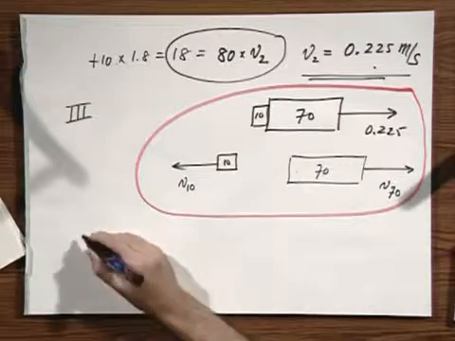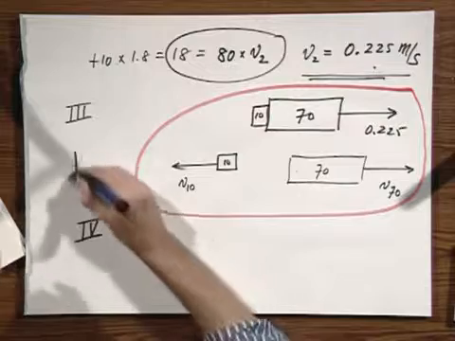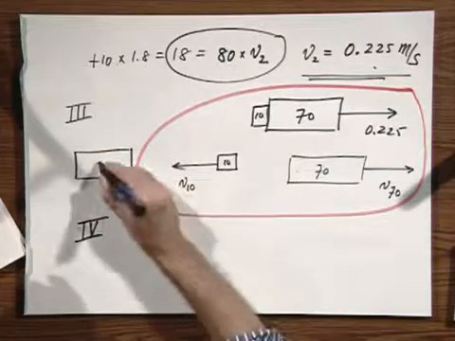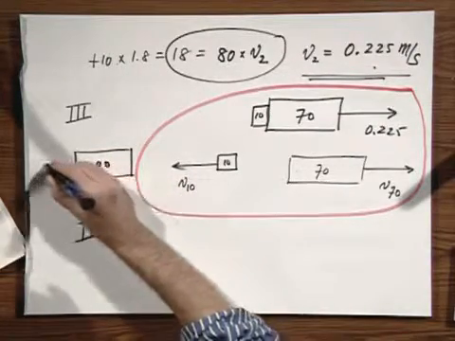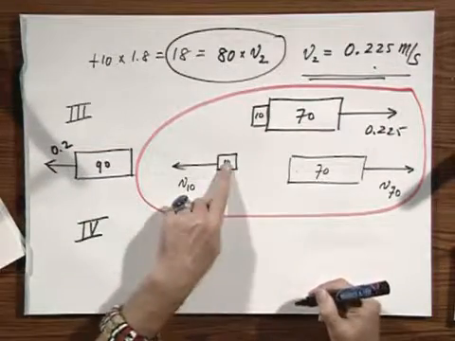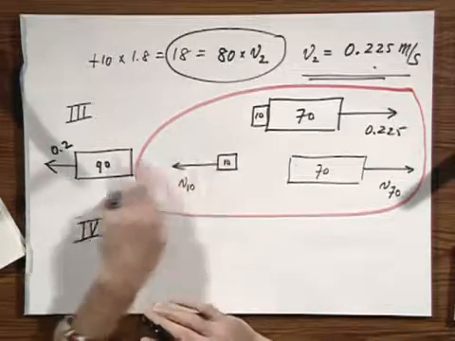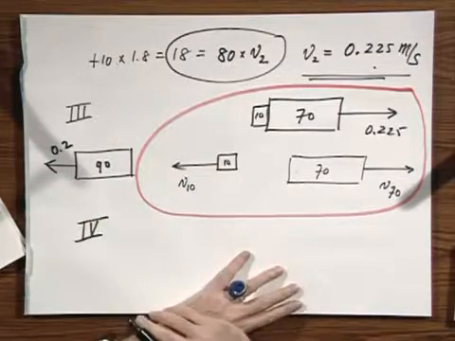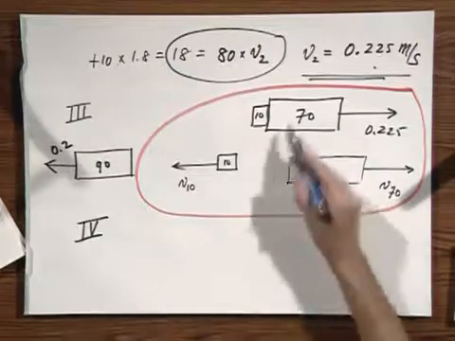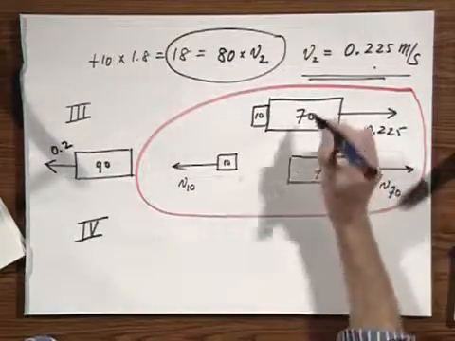And then, of course, you have to go to phase 4, because now here you are with your 90, and you're going back. I believe it was 0.2 meters per second. And so now when this one hits you, then of course you'll have to again use the conservation of momentum. I mentioned here that all you have to do is use the conservation of momentum. That's not true.